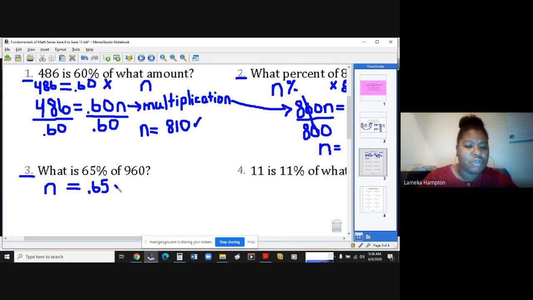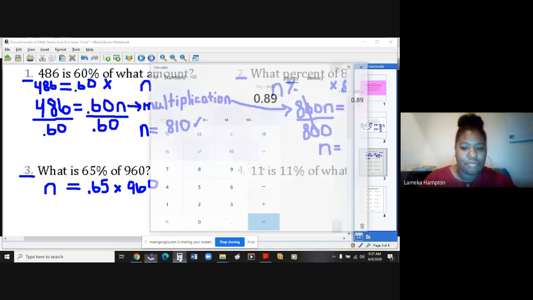And of is multiply 960. So this is a simple multiplication problem. I don't have to do any division here. Why? Because I have two numbers that are being multiplied together to get a particular solution. Okay, so that's the good news.